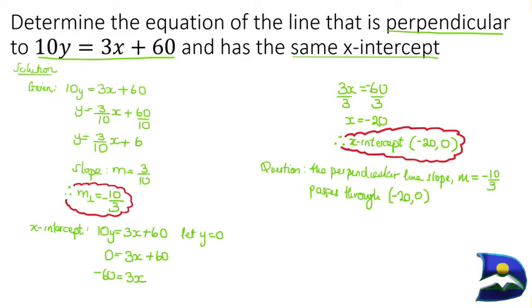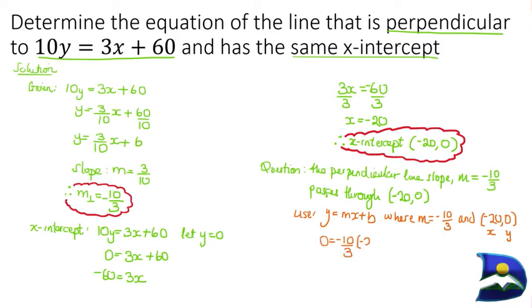So therefore, using y equals mx plus b to determine the new equation that is perpendicular, we need to recognize that once we put in our m in that equation, which is -10/3, and x to be equal to -20 and our y to be equal to 0, we'll be able to figure out what our particular b is for that new equation.